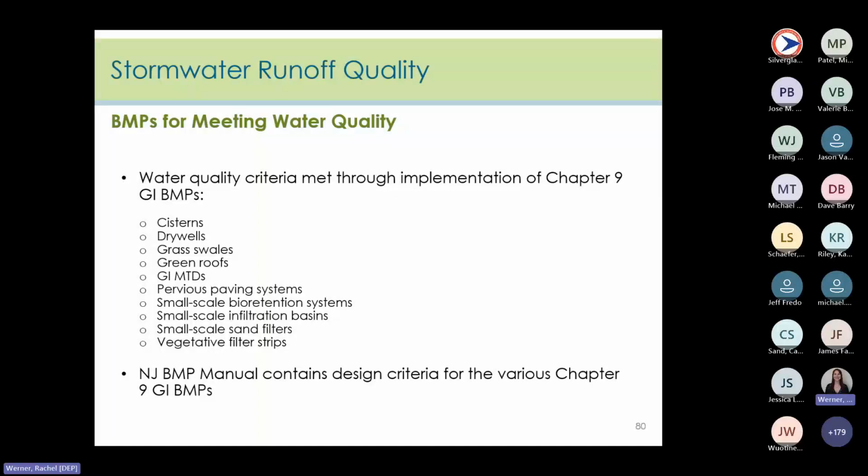So your typical diversion swales, where you're not trying to get a quantity, quality, or groundwater recharge benefit out of it. So in quiz number 2, there is a question about which BMPs require a maintenance plan. The answer is all of them, right? But I think people tend to forget that a grass swale can be used as a BMP when designed in accordance with the manual. So I just wanted to make that a quick point. A grass swale can be used to provide 50% TSS removal.